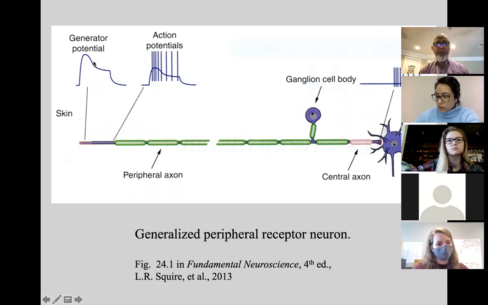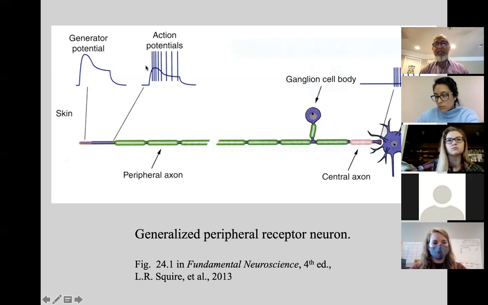When this generator potential is big enough that it reaches the threshold of excitation of this neuron, then it produces an action potential. See, these are the action potentials here. Remember, action potentials follow the all or none law. Either they will generate a full-fledged action potential, or they will not respond at all.